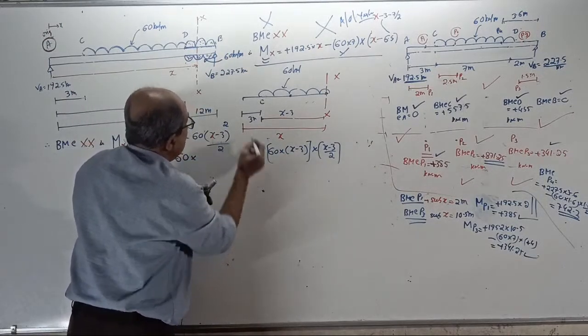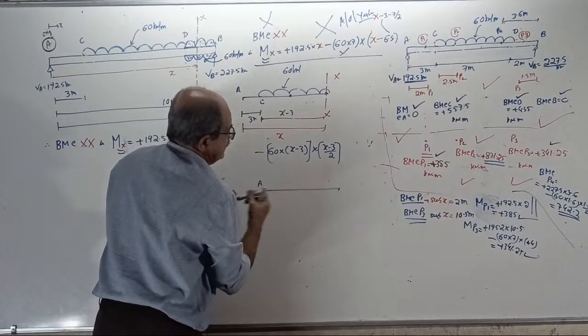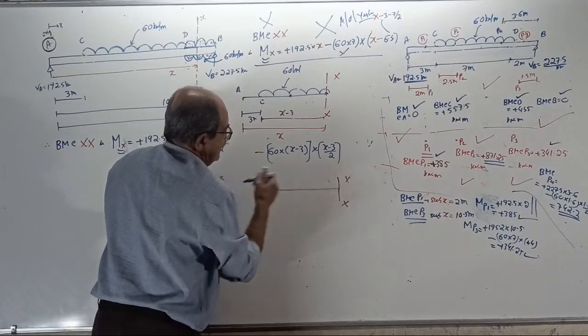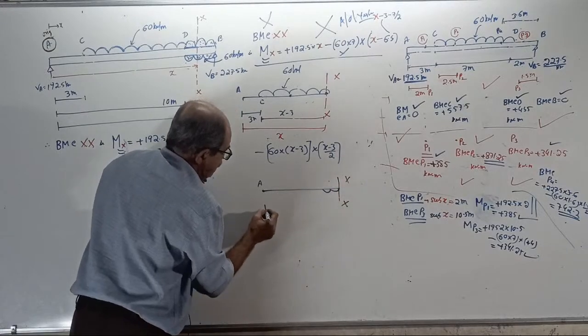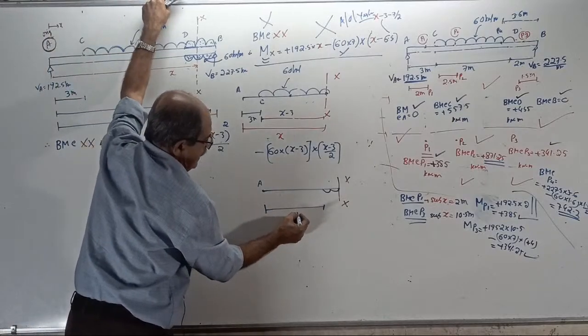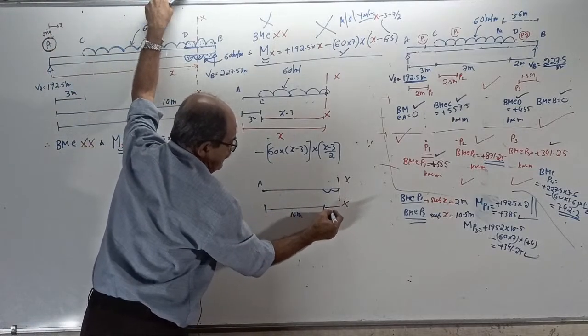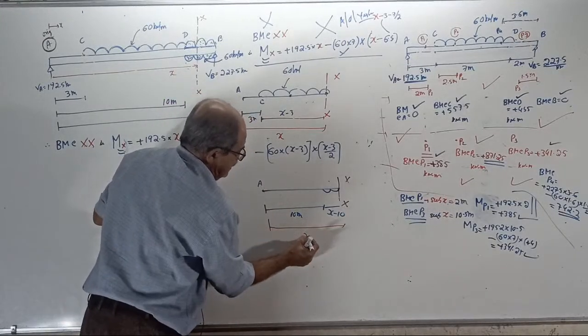See, this is origin A. This is your x. Upward UDL is here. From here to here is 10 meter. So this loaded length is x minus 10. Why? Because full is x.